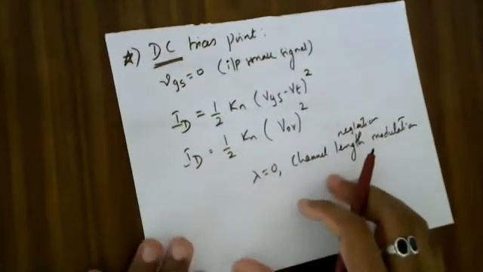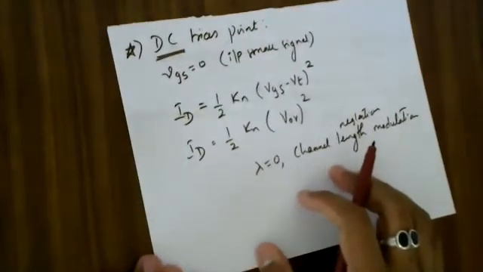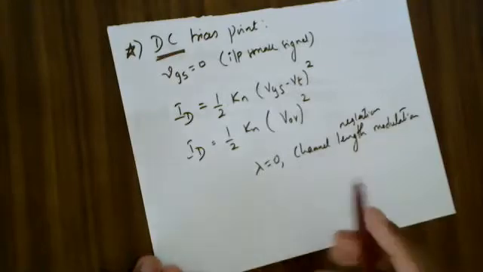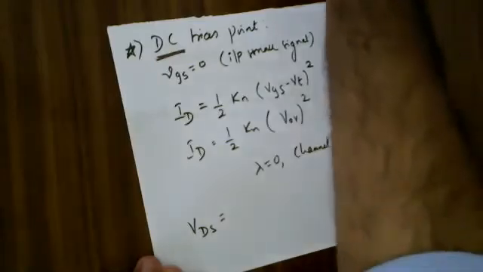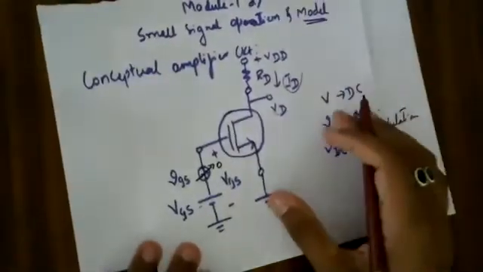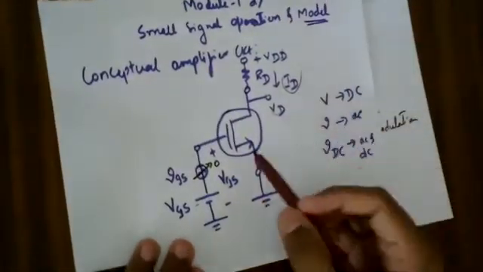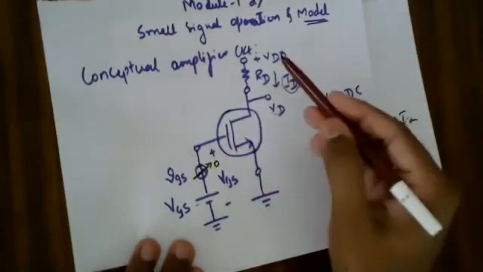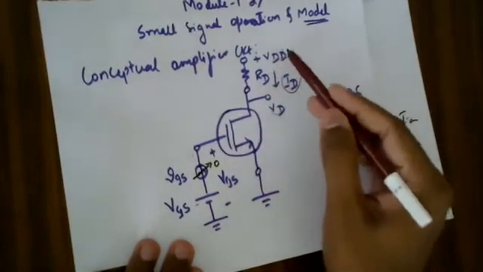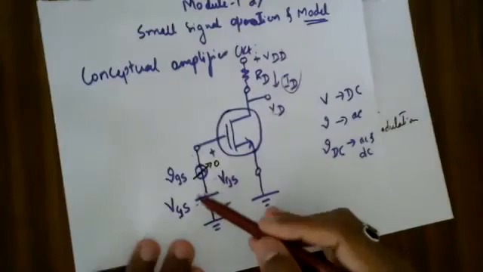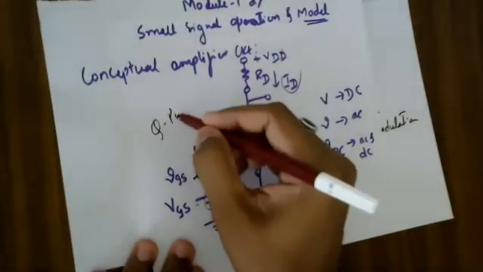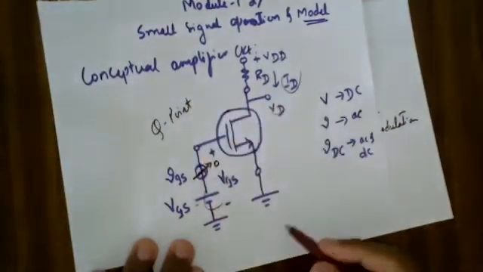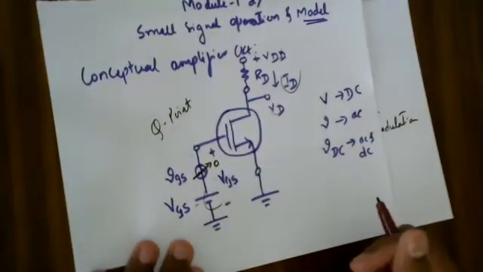Now I would like to know what's the potential between my drain and source. What I mean to say is, for this MOSFET, I have applied the biasing voltage VDD and also the biasing voltage VGS, because of which a Q point, an operating point, is set for this MOSFET.